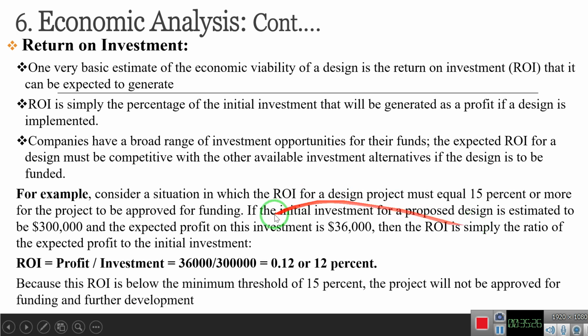Because this ROI is below the minimum threshold of 15%, the project will not be approved for the funding and further development. So whatever the mind you put for the alternative design, for the calculation, everything is gone. Product is not ready. Only the paperwork is there. How much are my goals? How much are the specifications of that one that we are studying?